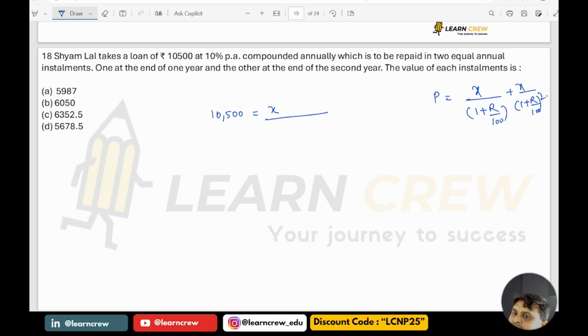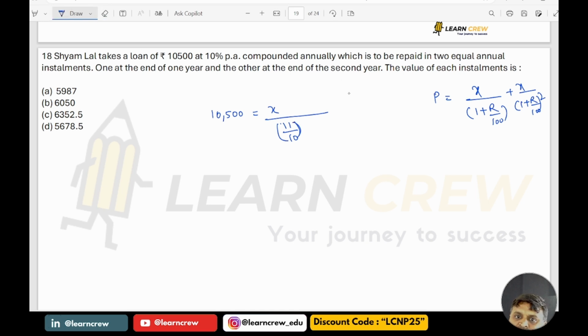Here, the number of installments gives the power in the denominator. The first installment is X by (1 plus 10 by 100), which means 110 by 100, which is 11 by 10.